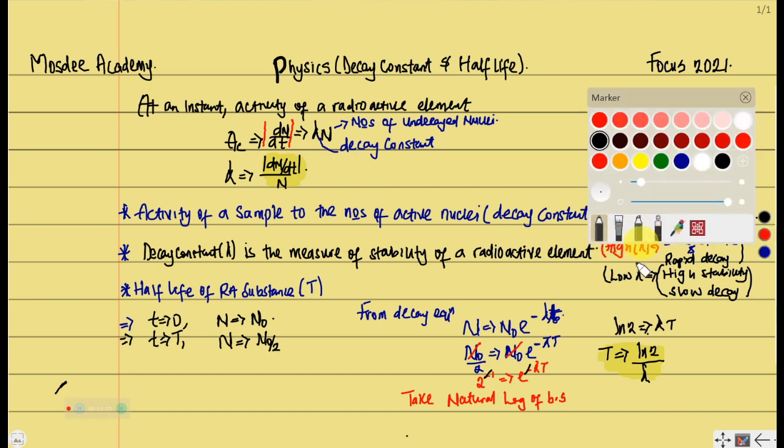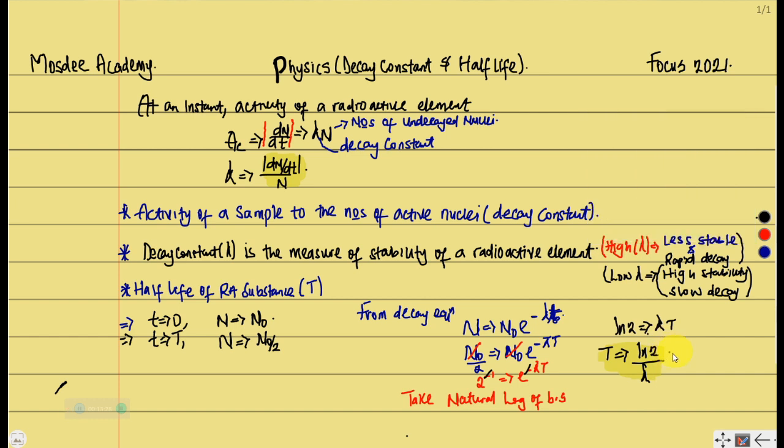Please always have it at the back of your mind. From your calculator, natural log of 2 is approximately 0.693, divided by lambda, which is the decay constant. So whenever you see questions that give the decay constant and ask you to calculate half-life, this is the direct formula you use. We've also done some examples on how we use the decay equation to get the value of the decay constant.